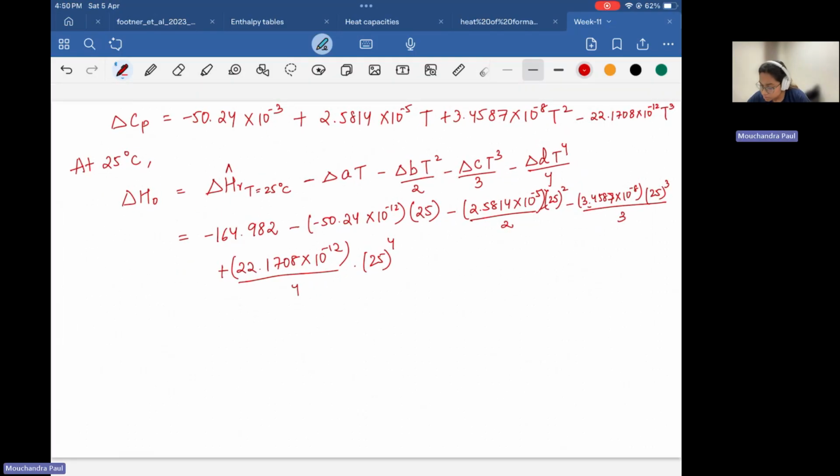Yeah, this is quite a big equation. So you can use your scientific calculator to solve this.